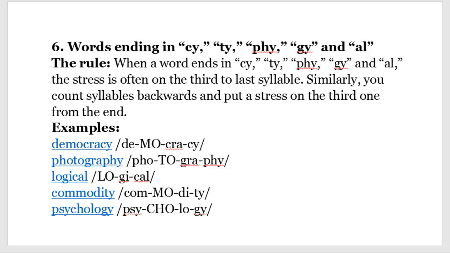Similarly, you count syllables backwards and put a stress on the third one from the end. Examples: democracy, photography, logical, commodity, psychology.